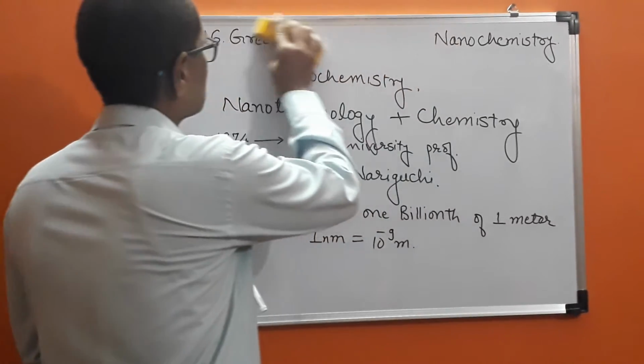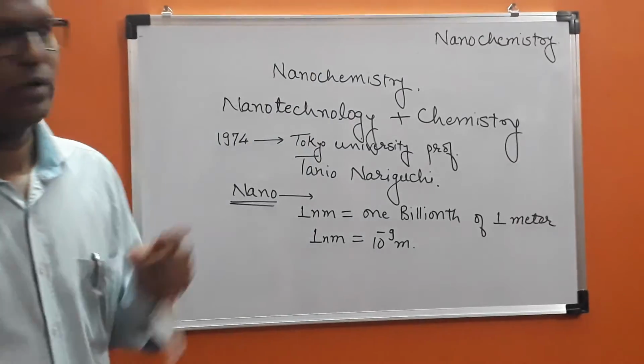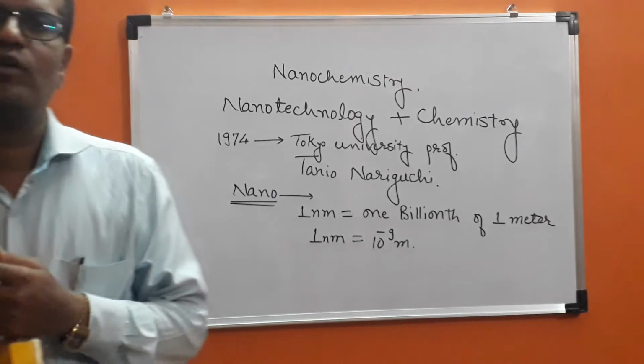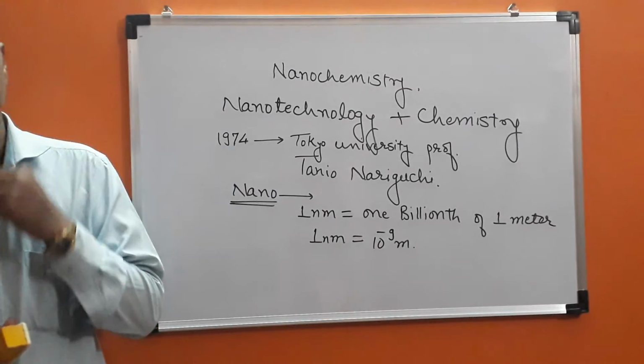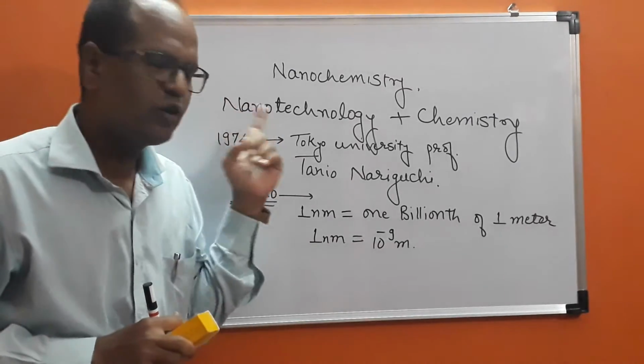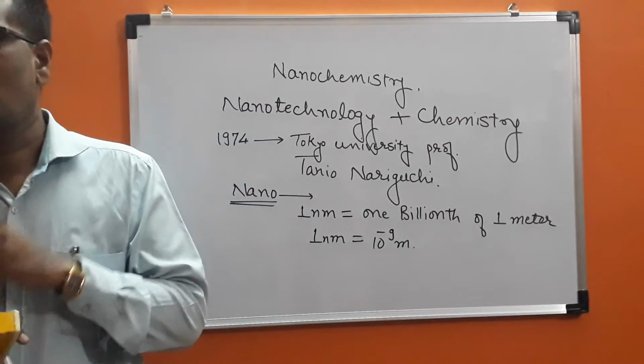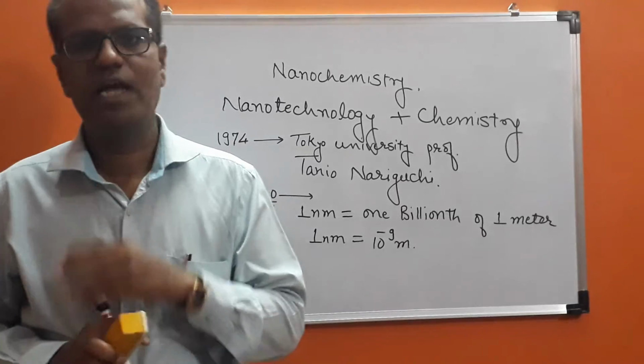Now, let us discuss only nanochemistry. What is nanochemistry? Nanochemistry is nothing but the combination of two sciences: nanotechnology and chemistry. You know chemistry, I need not explain that.